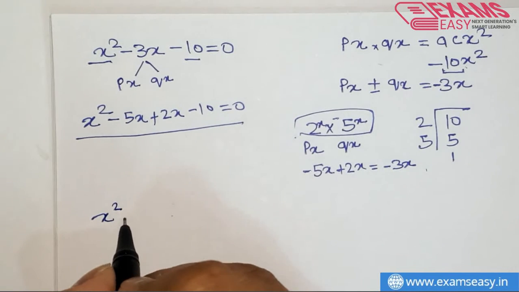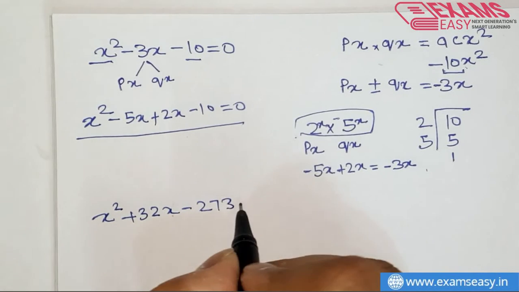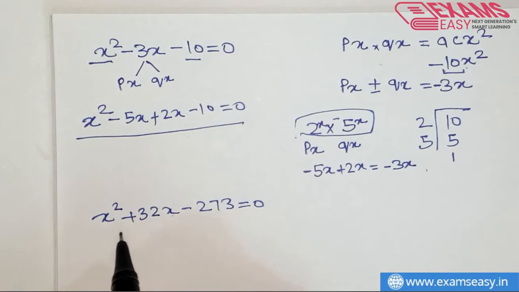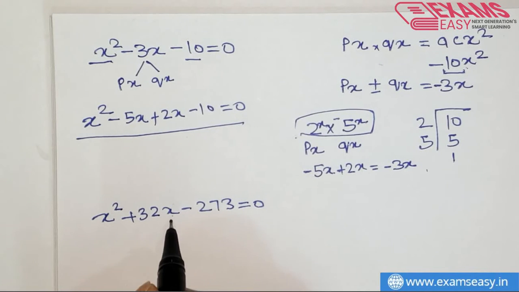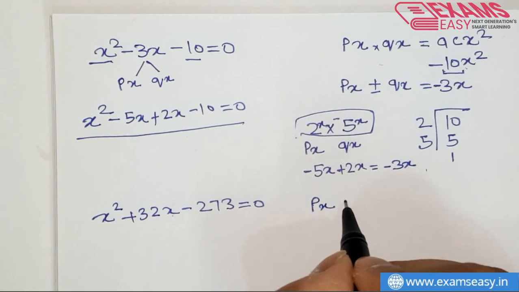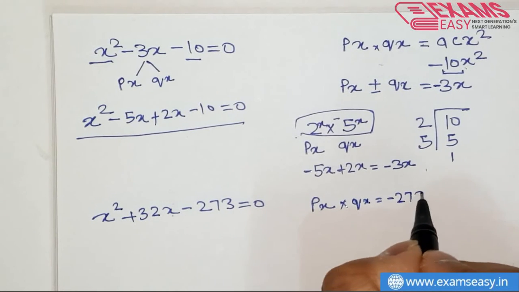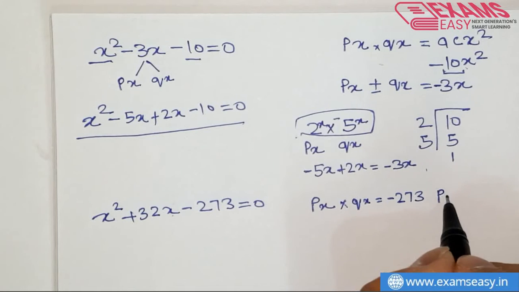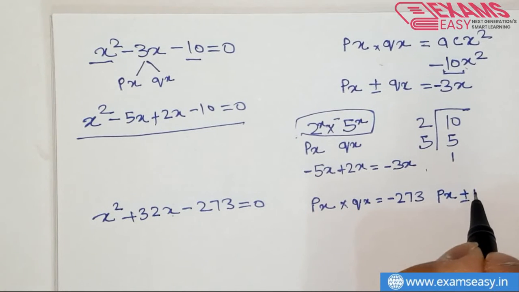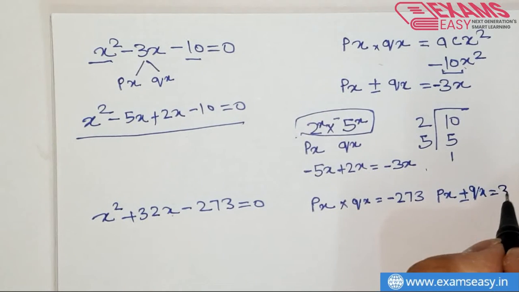x square plus 32x minus 273 is equals to 0. Now we want to split 32x in px and qx in such a way that the multiplication of px and qx should give us minus 273, and sum or subtraction of px and qx should give us plus 32x.